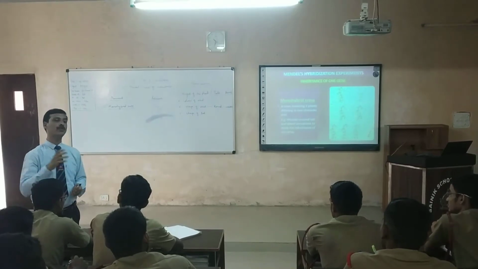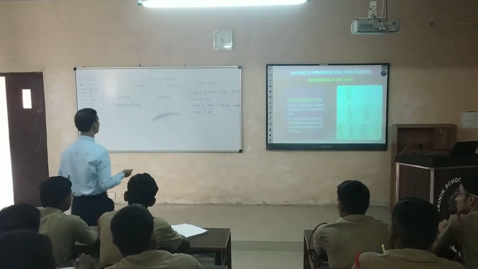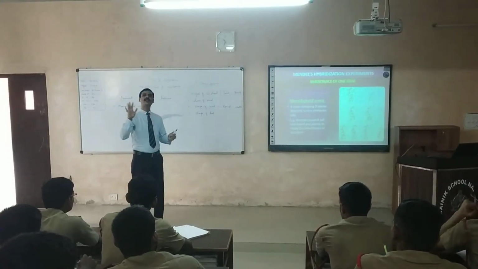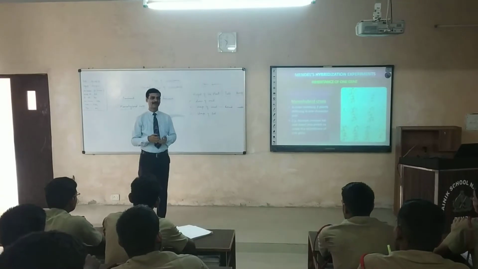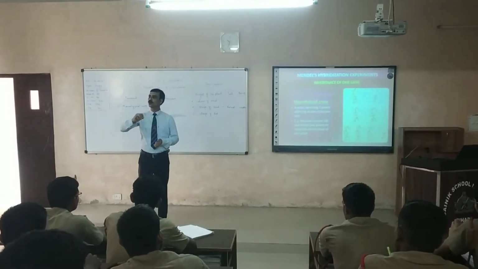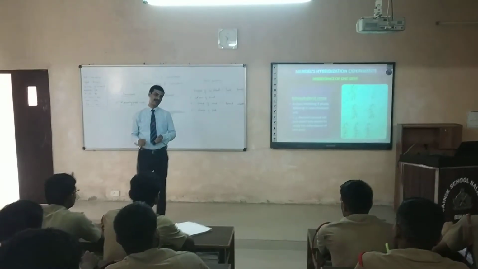At that time people also asked what the reason is by which these traits come from one generation to the other. Mendel became mum. He only said that it is the factor which carries the inheritance from one generation to the other. That's all.